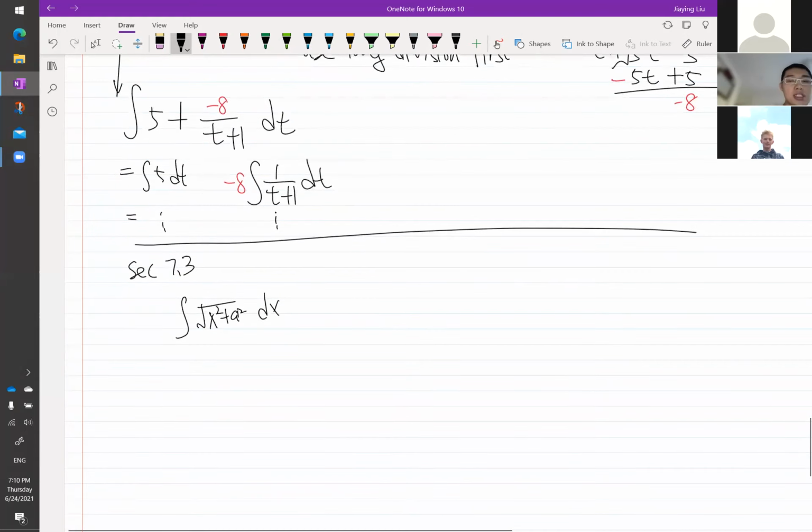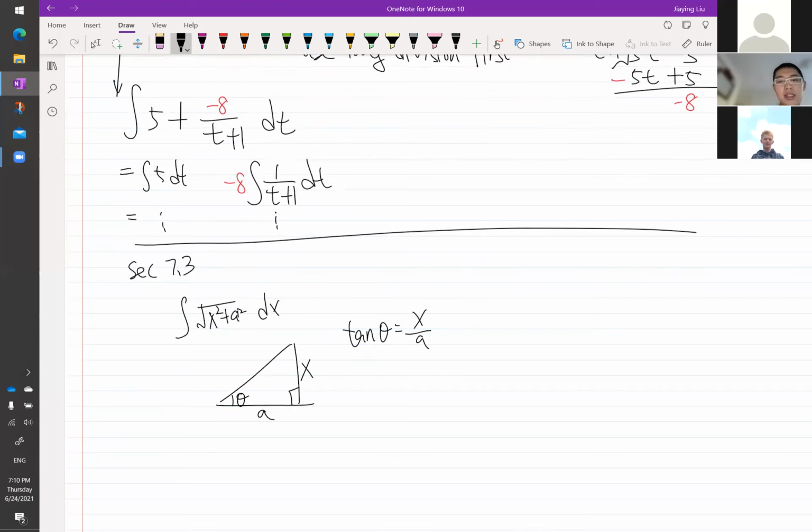If you have this case, try to draw a right triangle, call the angle theta. Put the x opposite from it and the a adjacent to it. And from there, you can write tangent theta is equal to x over a. That means x we can write as a times tangent theta. So that will be the substitution for x.